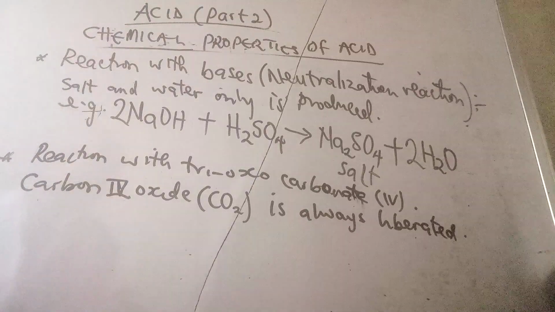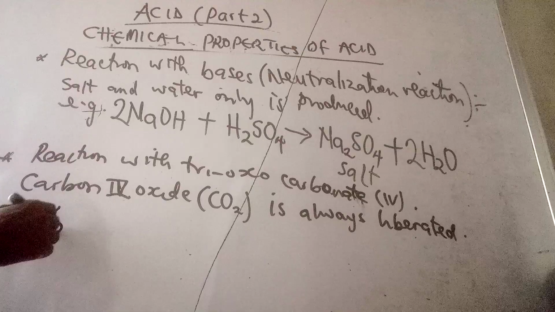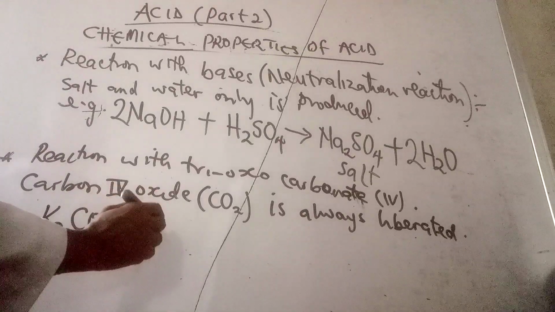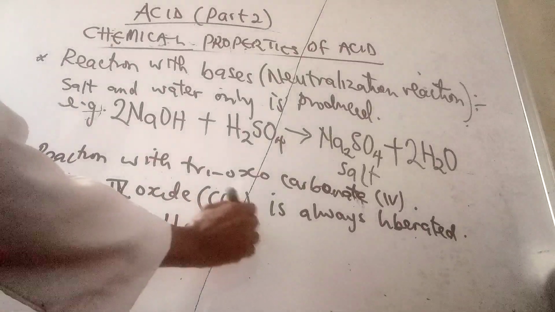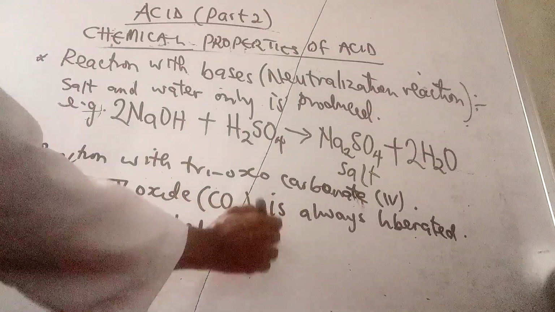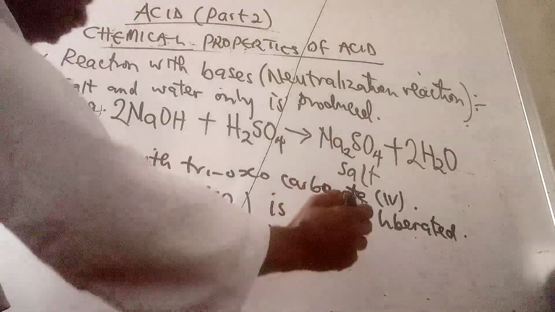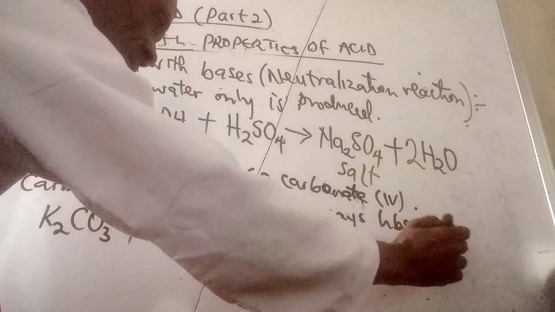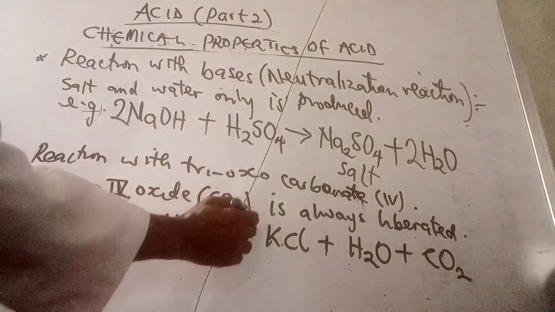For example, let me take potassium trioxocarbonate 4, then reacting with, let's say, hydrochloric acid. That will give us potassium chloride, water, and carbon 4 oxide will be liberated. Let me balance the equation.